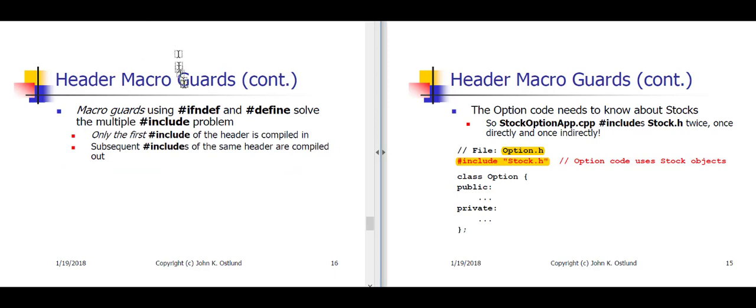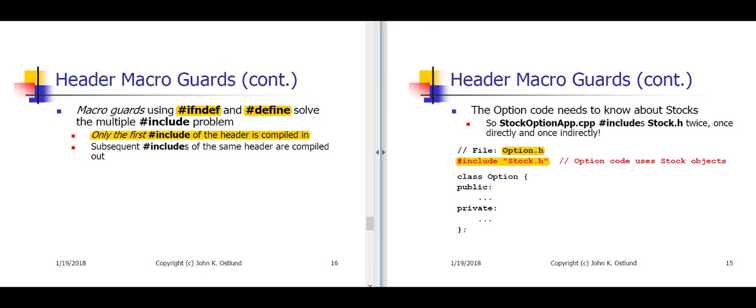That is, we use a combination of if-and-def and pound-define inside of the header, so that if you include a header multiple times, only the first instance of that inclusion is compiled in and passed through to the translation unit. Any other includes that you do of the same header are simply compiled out. That is, they're not passed on to the translation unit.